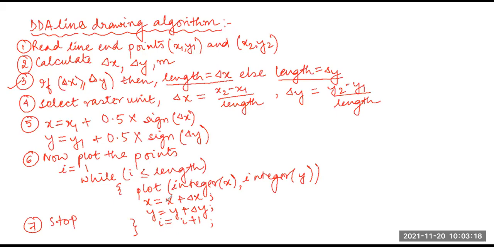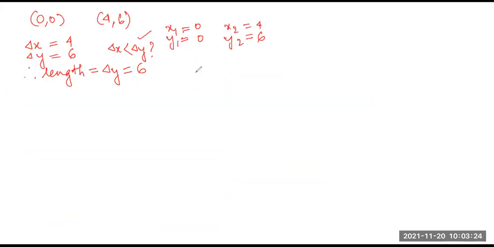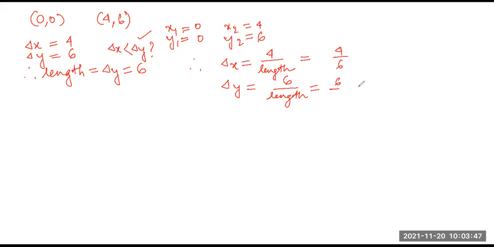Now I need to do what? I need to update my del x and del y value. For updation, the new del x value will be the old del x value divided by the length variable. And the new del y value will be the old del y value divided by the length variable. So you tell me 4 by 6, 6 by 6.